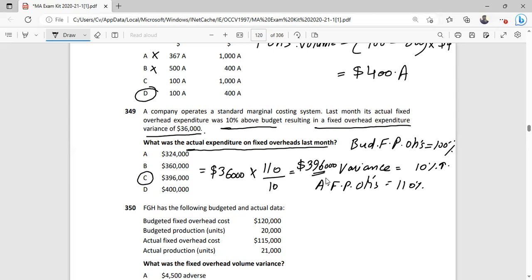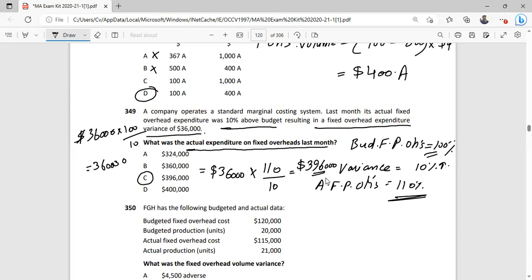It is possible that in an exam, a student will be unable to understand this difference, and assumes that variance is 10%, and rather than considering actual overheads at 110%, considers budgeted overheads as 100%, then $36,000 into 100 by 10. In this case, he or she will get the answer of 360,000.